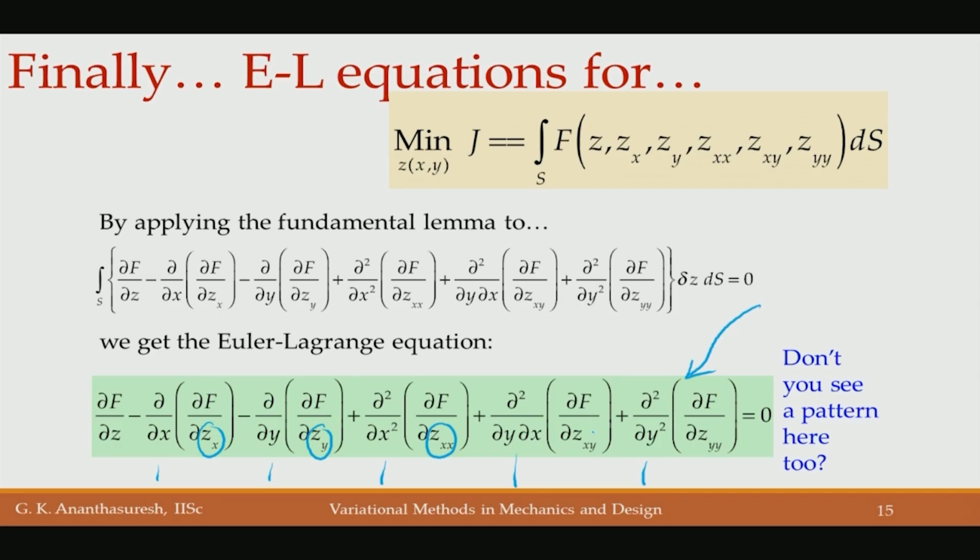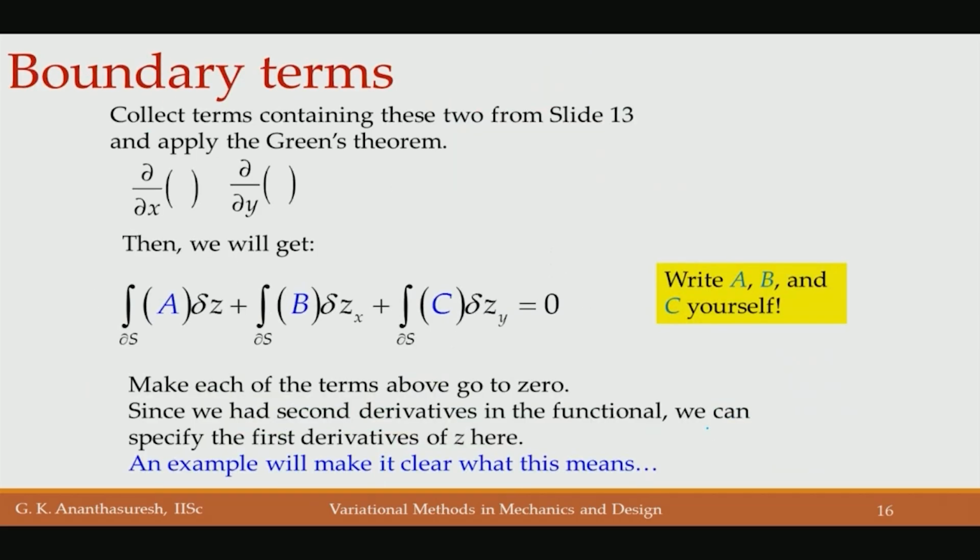So, we can actually write them down without having to do any calculation. Similarly, boundary terms tend to be longer. So, these things that I have not shown here, A, B, C, they are pretty long. You can always take them and write them yourself, just the rearranged terms and looking at it.